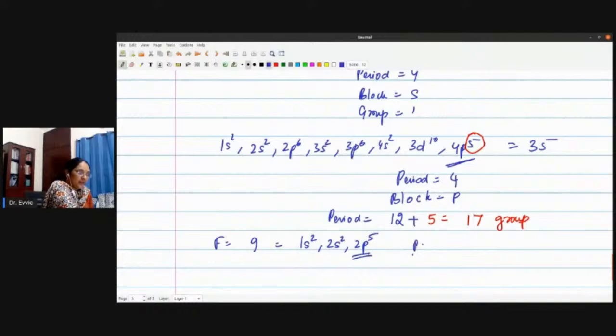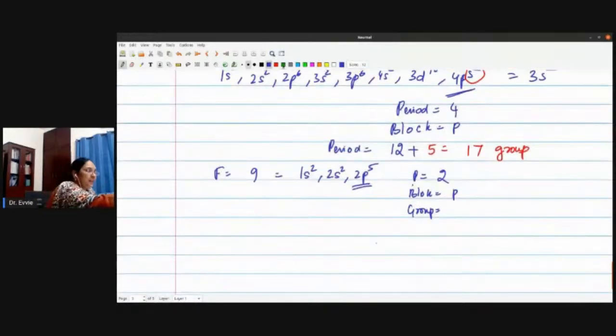Let me first write the period is 2, block is P block, and the group is, so how many valence electrons again here? 5. So the group number will be 12 plus 5, which is equal to the 17th group. So you can go and check whether fluorine is in the 17th group. Okay, I hope this is clear.